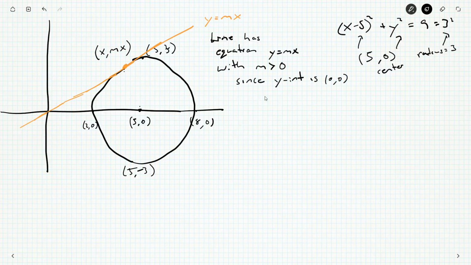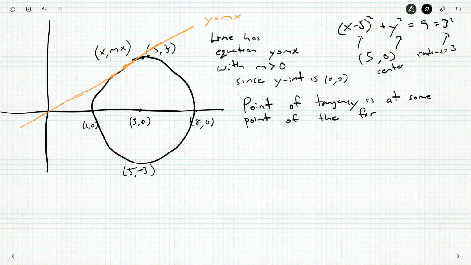But we know since it's on the line, it's got to look like this. So it's at some point of the form x, mx.